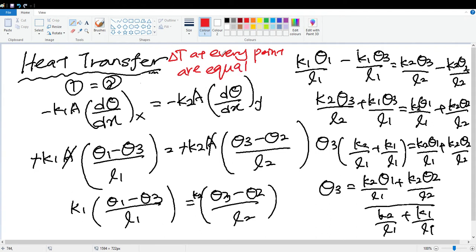So this is the utmost important and the main focus for us, so that we are able to derive this theta 1 minus theta 3 and all the equation, and so that we are able to find out the temperature at the junction. So this is how we calculate the temperature at every part, of course. So let's just move on to another part.